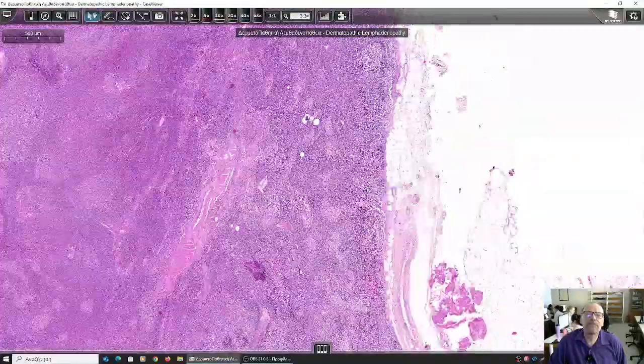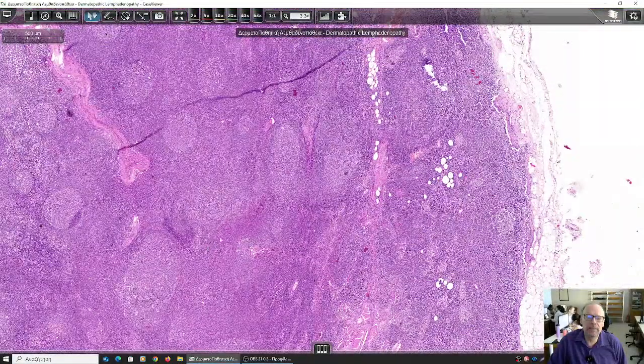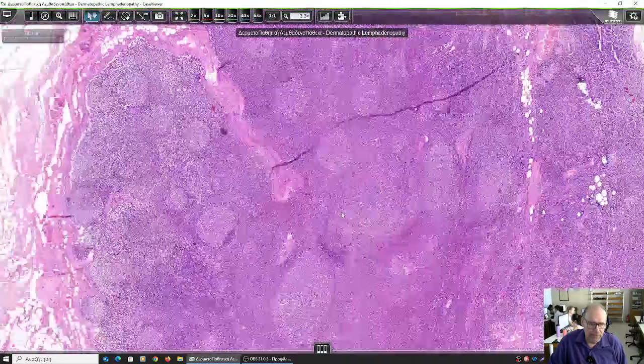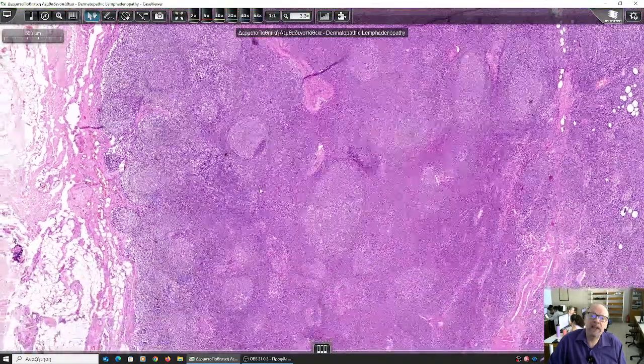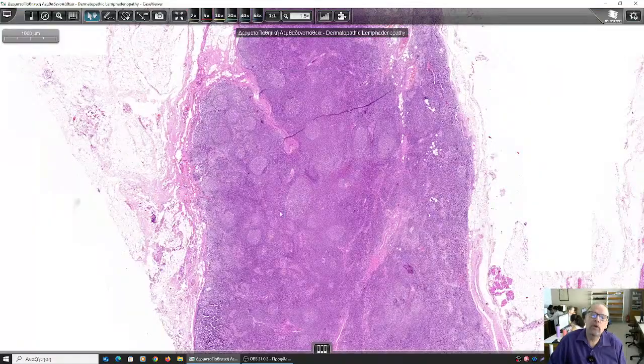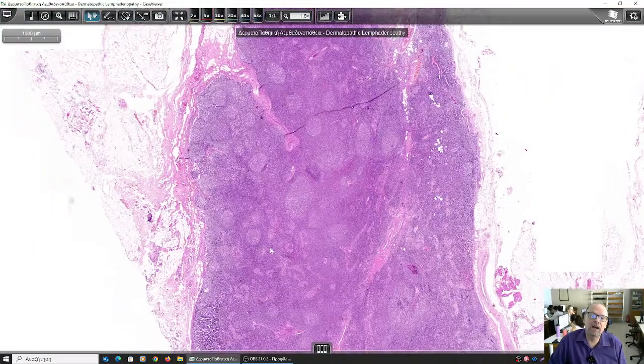So if the history is compatible, this is a dermatopathic lymphadenopathy, which is a reactive lesion. When lymph nodes become enlarged, they are most commonly enlarged by reactive lesions, not neoplastic. All right? This is the common type. And from this case, I'd like you to see how many lymph follicles there are.